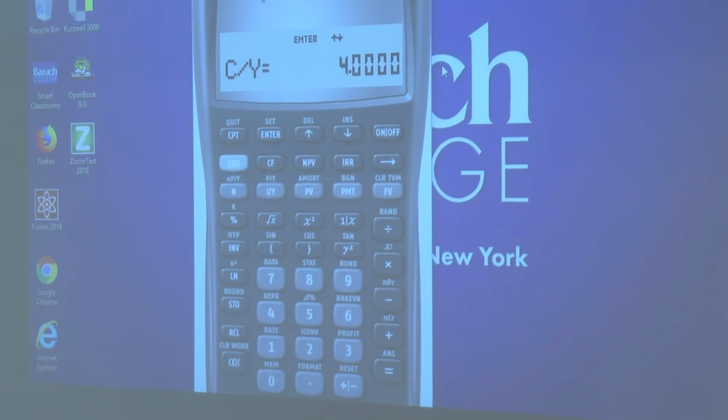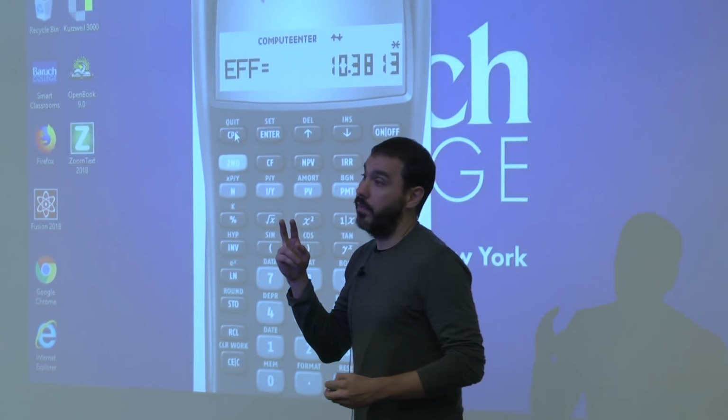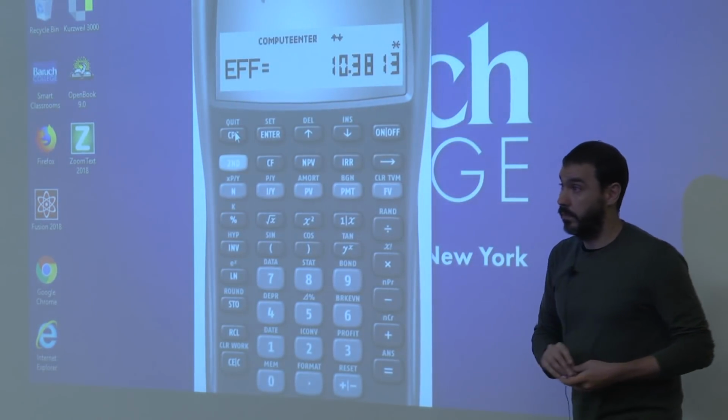This is the compounding periods per year, which is 4. The third variable is effective, which is what I'm looking for, so I do compute. You basically have to give the calculator two variables and it solves for the third. Okay?